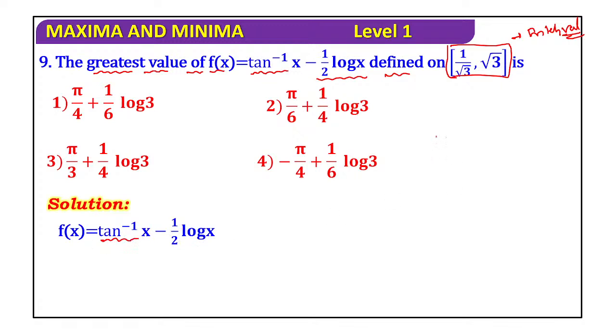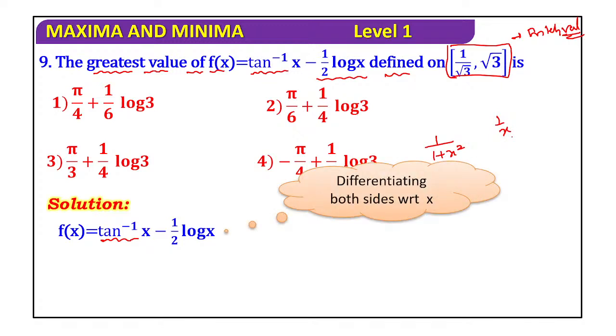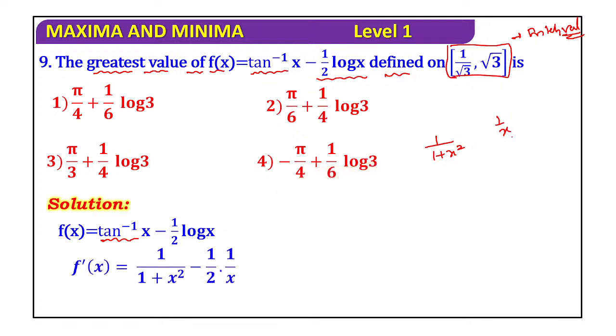You must know the differentiation of tan inverse x, that is 1 by 1 plus x square. You must know the differentiation of log x, that is 1 by x. Now you just see by differentiating with respect to x. As I said, differentiation of tan inverse x is 1 by 1 plus x square. Differentiation of log x is 1 by x.